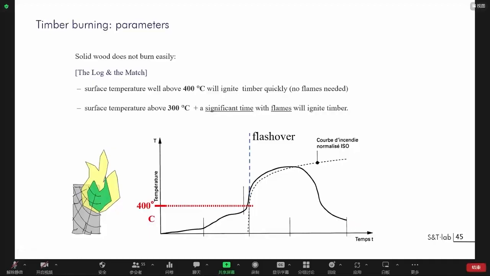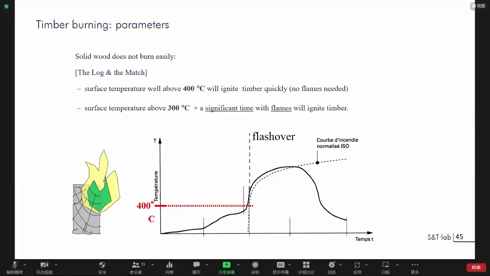So if you want to ignite timber quite quickly, you need a temperature of 400 degrees. And for this, you don't need to have flames. It means that as soon as you have a 400 degrees temperature in a building, everything that is in timber will start to burn, even if there are no flames going to it.